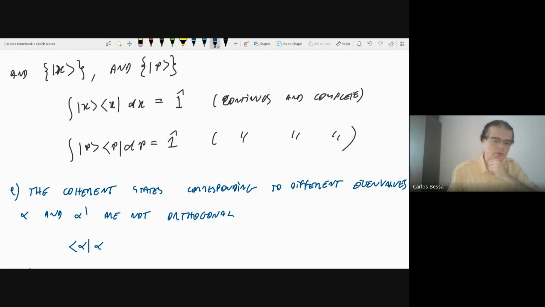Okay, you can see this. We can use the definition, the first expression we used today. So this will be something like this: exponential of minus alpha square over 2 minus alpha prime square over 2, and the double sum with alpha prime conjugate, alpha prime.